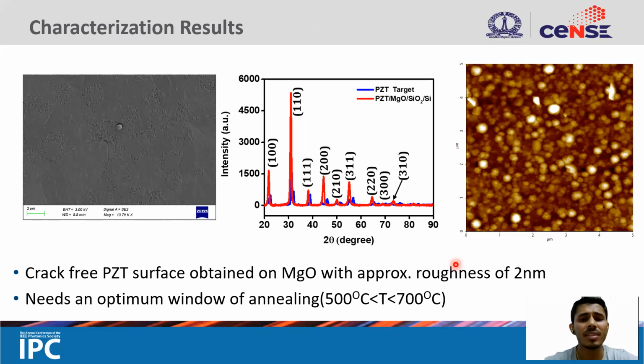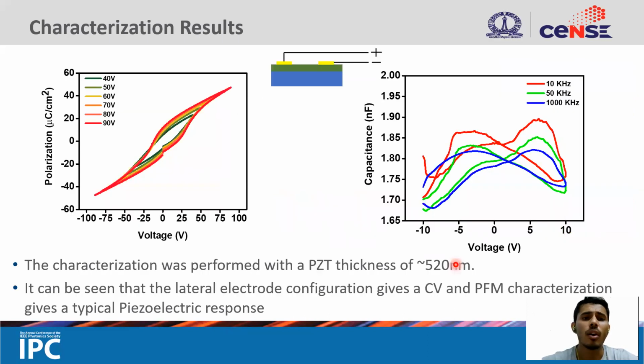So once we have optimized the film, we proceed ahead with the fabrication of the test devices. The test devices are used first to see whether the film that we are getting, of course, we know that XRD gives us the stoichiometry that we want, but does it actually behave like a piezo material the way we want it to? So for that, we go ahead with the PE loop characterization as well as the CV characterization.